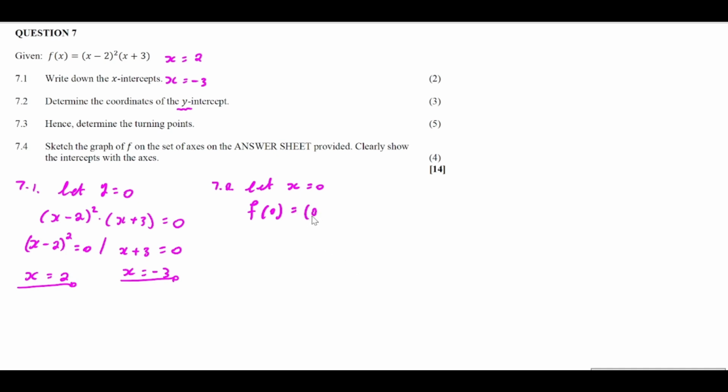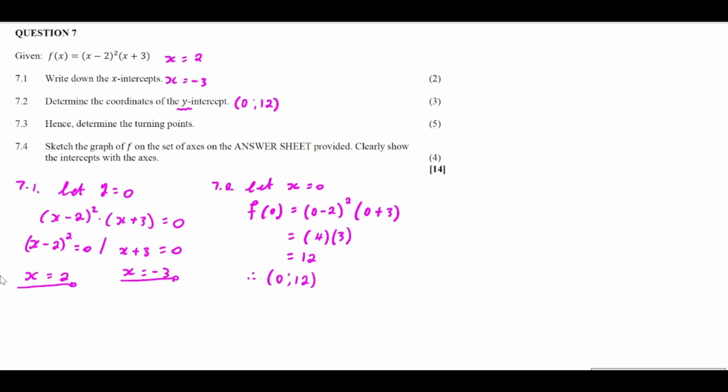So we have (0 minus 2) to the exponent of 2, multiplied by (0 plus 3), which gives us 4 multiplied by 3, so it's going to be 12. Therefore, our y-intercept is (0; 12).